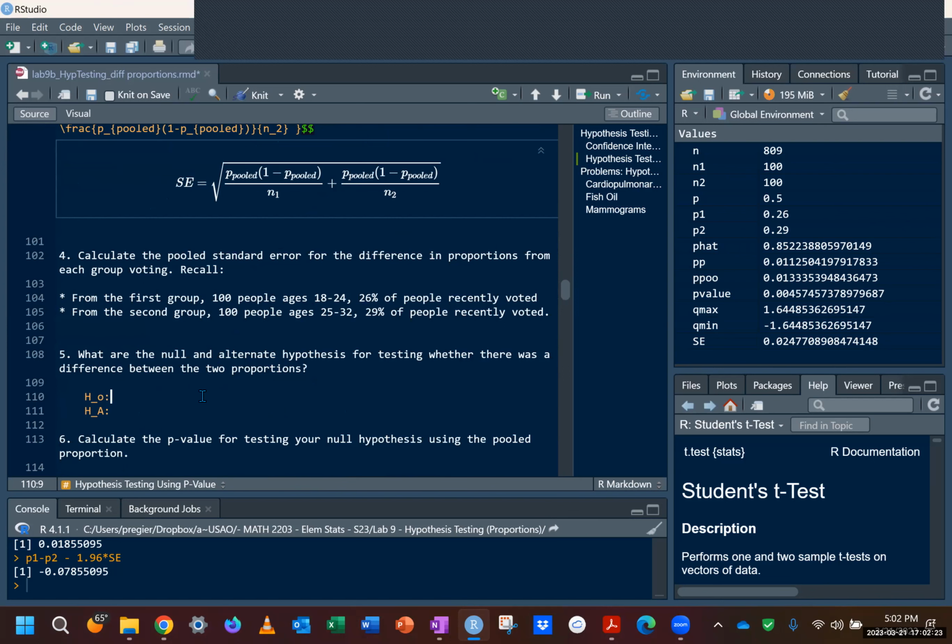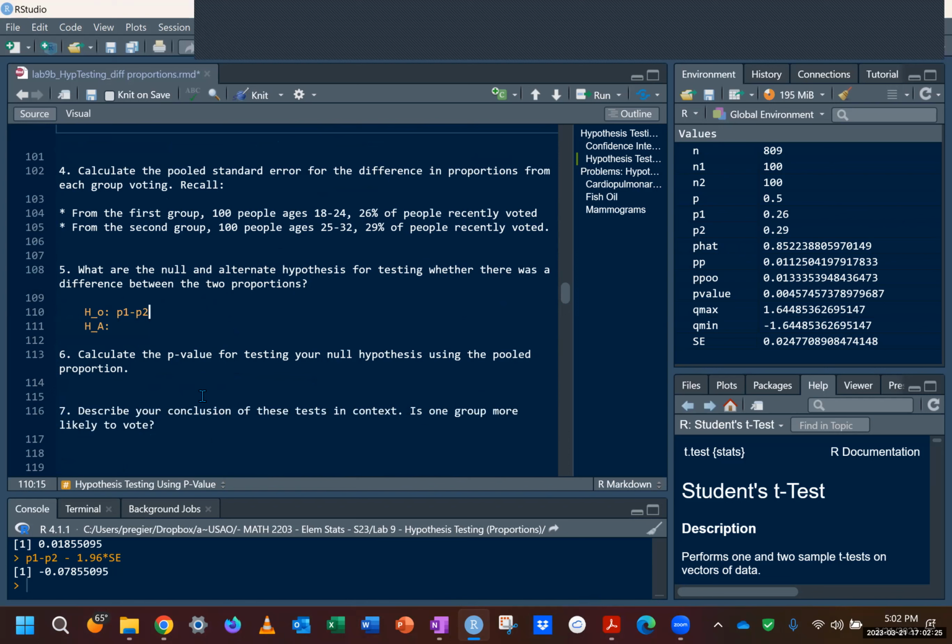The hypotheses are that P1 minus P2 is 0, the difference of the two groups is 0. And remember, that's the same thing as saying they're equal. The two groups are equal. And if we say P1 minus P2 is not 0, that shows me that there is a difference.